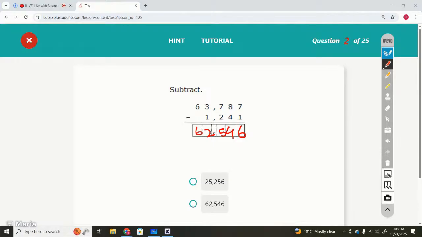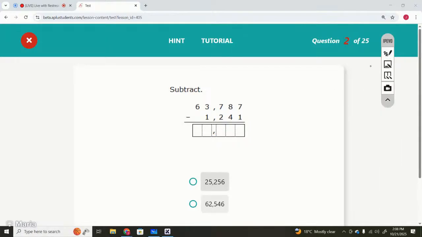And 6 it is. So the correct option is 62,546. Option number 2 is the correct option, that is 62,546.